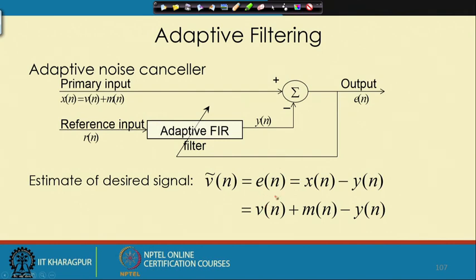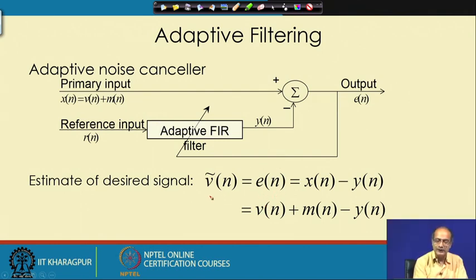Now, this error we can name V tilde n, because we expect that it would be close to our signal of interest V n. If we replace x n with V n plus m n, we can write it in that way also.